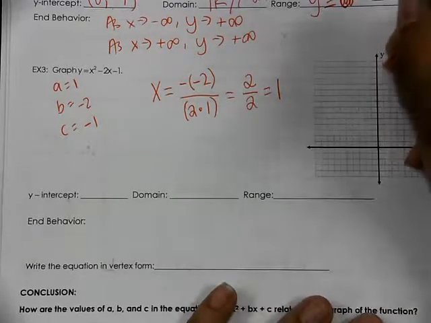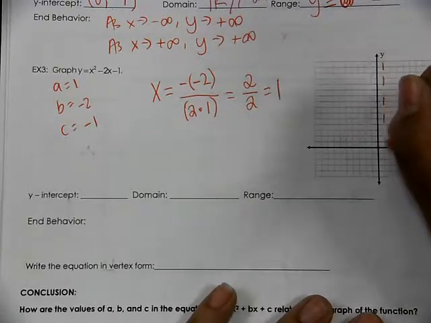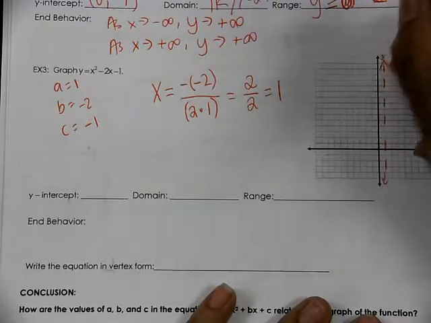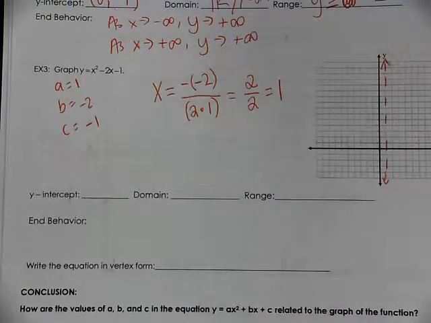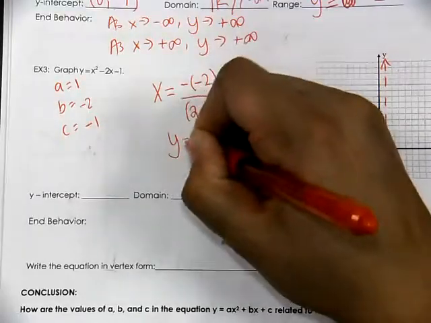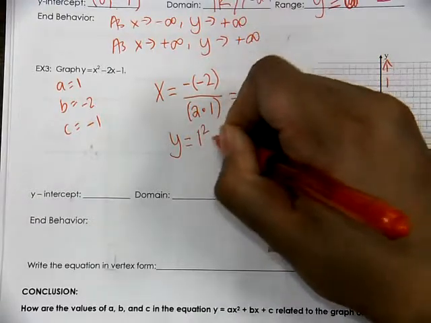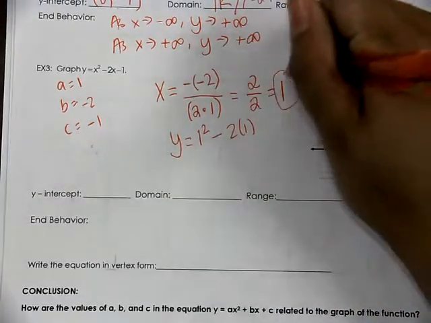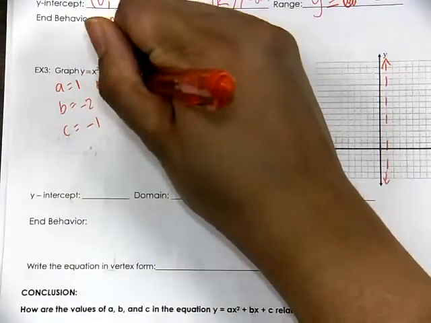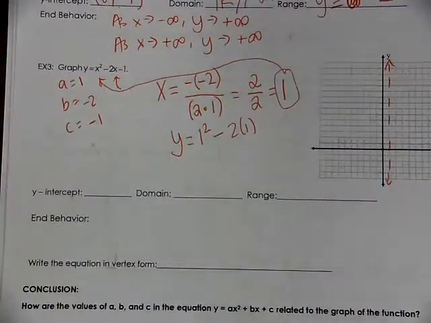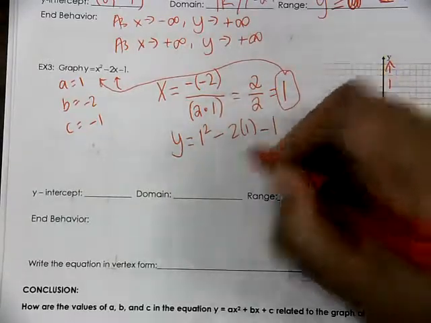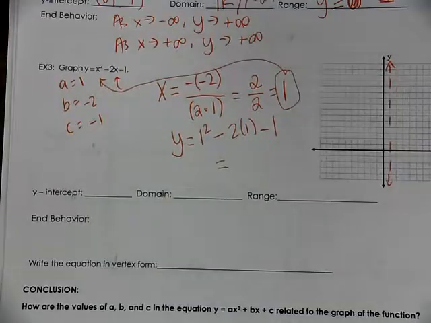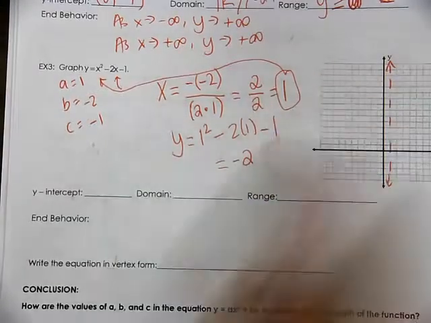So x equals 1. I'm going to go ahead and draw it in right away so that we have our AOS immediately. Let's find our y value for the vertex by substituting in a 1 everywhere you see an x. So again, it's plugging this 1 in here and here. So 2 times 1 minus 1. This comes out to a -2.